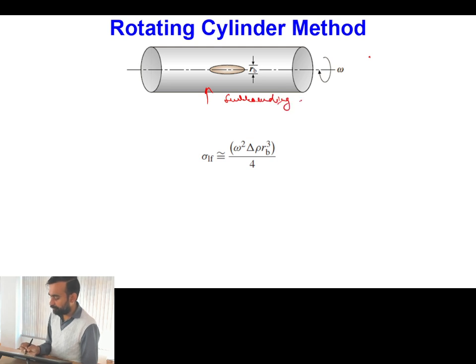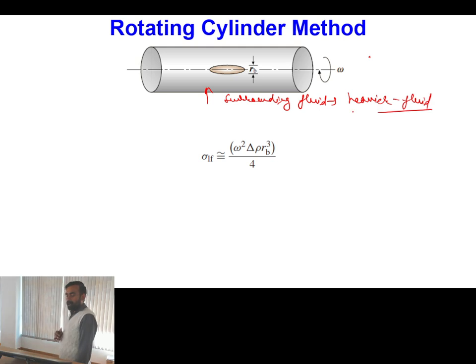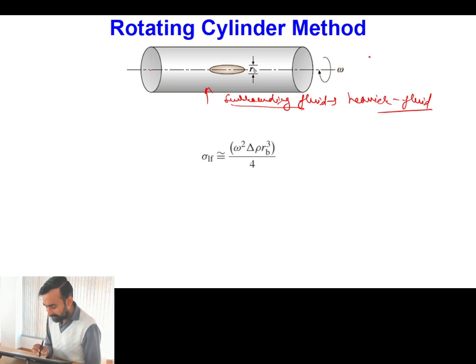The surrounding fluid is typically the heavier fluid, and there is one lighter fluid. Typically, the liquid whose surface tension we want to measure is considered the surrounding fluid, and a small air bubble is injected inside the liquid, and after that this tube is rotated at very high speed.